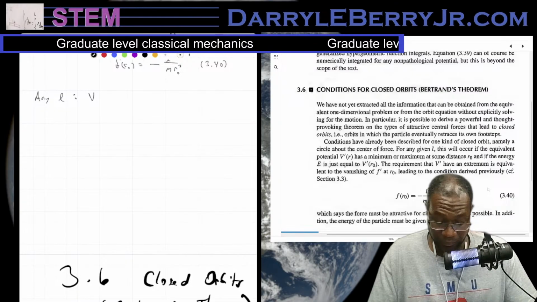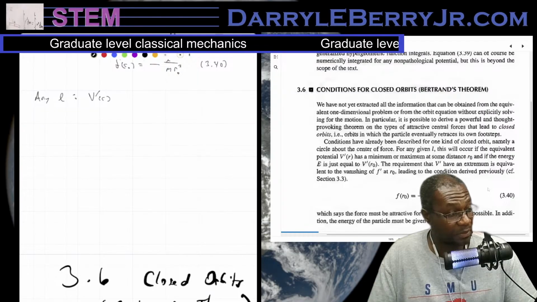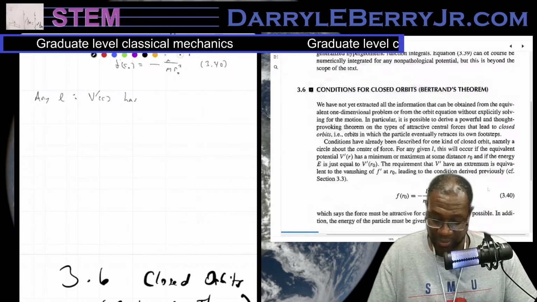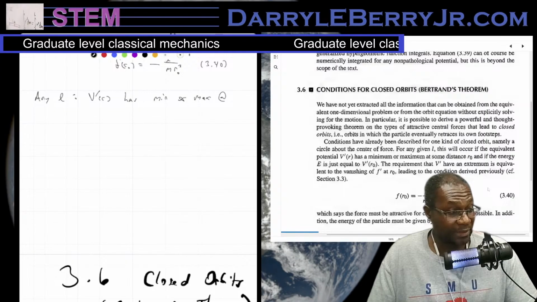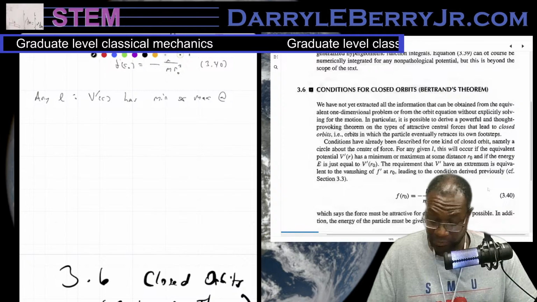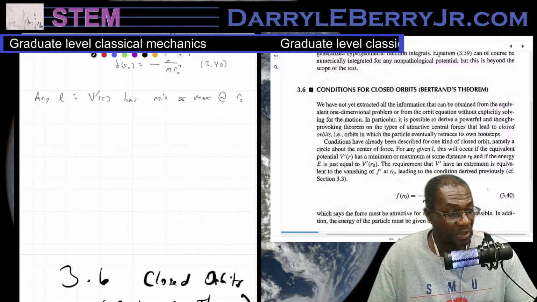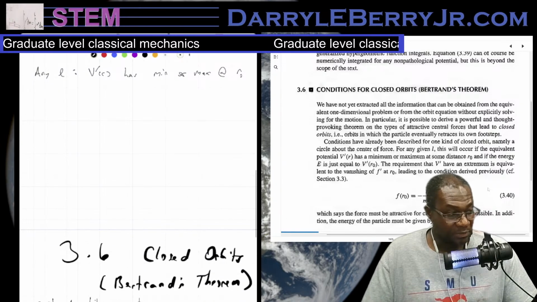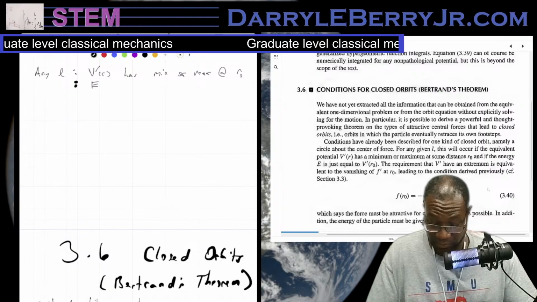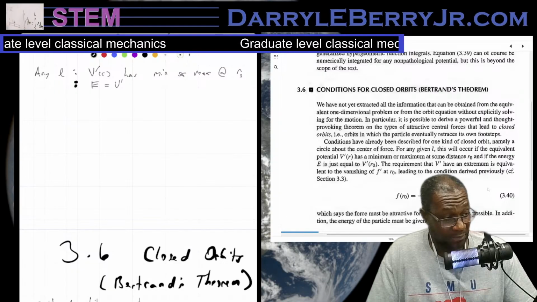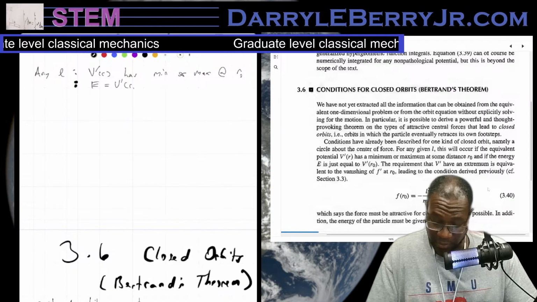V prime(R) has a minimum or maximum at R naught, and E equals V prime(R naught).